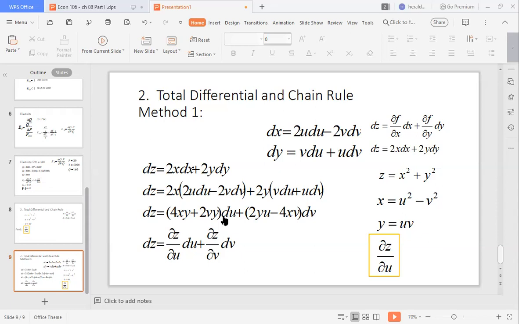But because our method allows us to get the total differential of z, we also got the entire values for the total differential. Okay, so let me just go ahead and check if I have the correct values. Okay, good. That's correct.